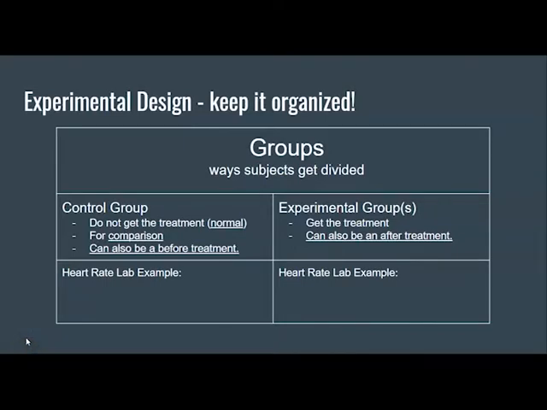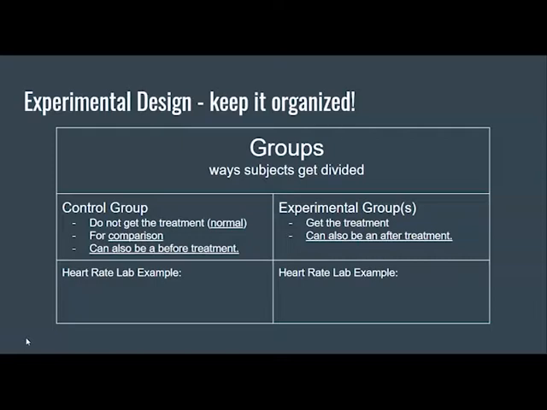Alright, the last bit of this, or we're coming on to the home stretch, is keeping your experiment organized. You can break your experiment into two groups. You have the control group, which does not get the treatment. It's the normal, what usually happens. And then the control group is also used for comparison. So you're going to be doing this experiment. You need to compare your experiment to what normally happens.